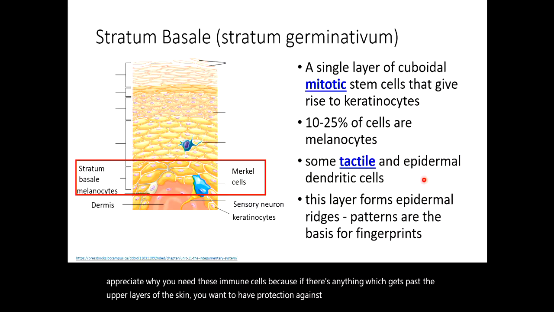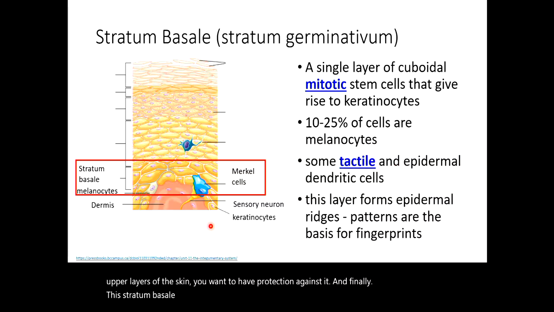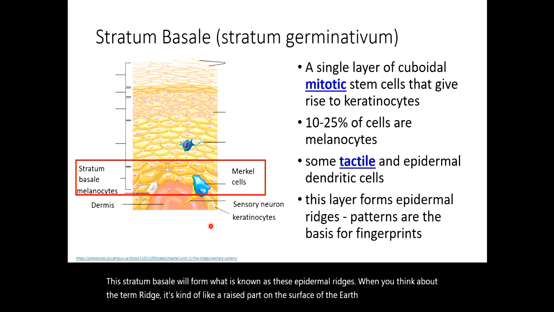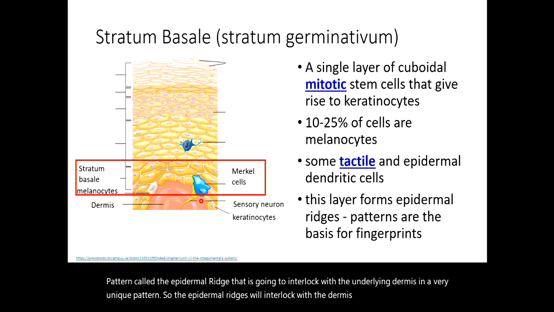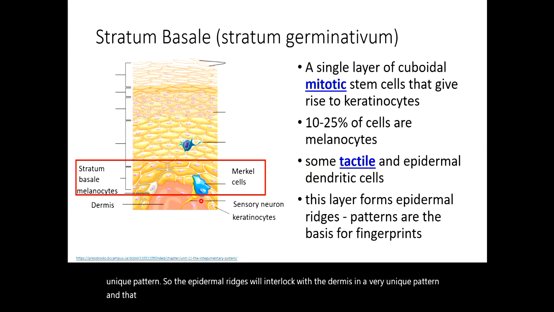And finally, this stratum basale will form what are known as epidermal ridges. When you think about the term ridge, it's like a raised part on the surface of the earth. Similarly, the epidermal ridges will interlock with the underlying dermis in a very unique pattern, and that gives rise to fingerprints.